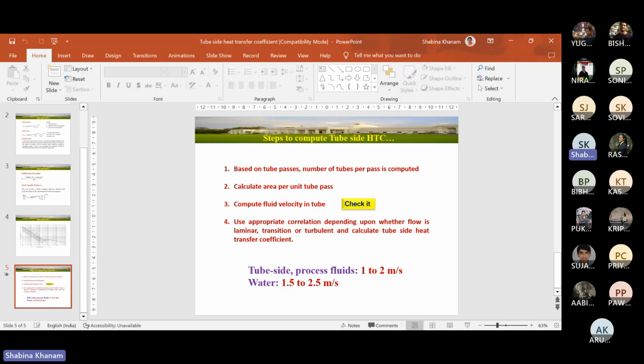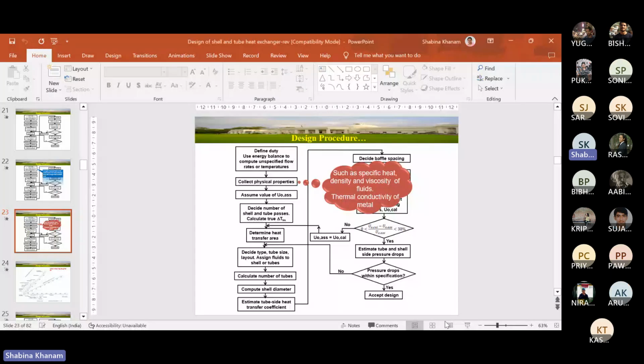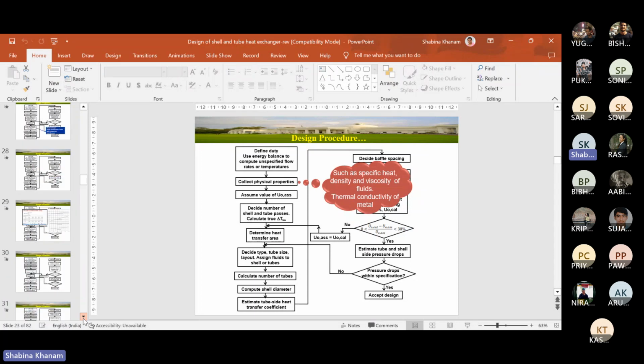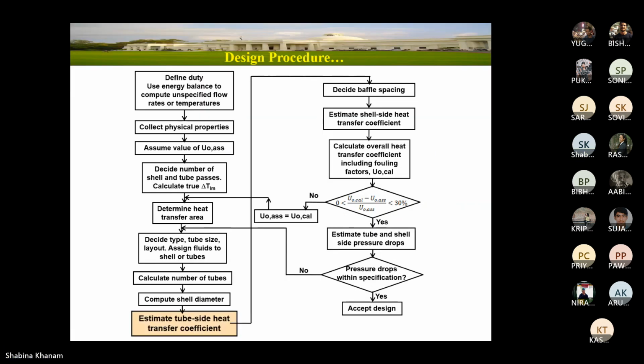So that is about the tube side. Let's go back to the flow chart. So the tube side coefficient we have already discussed.